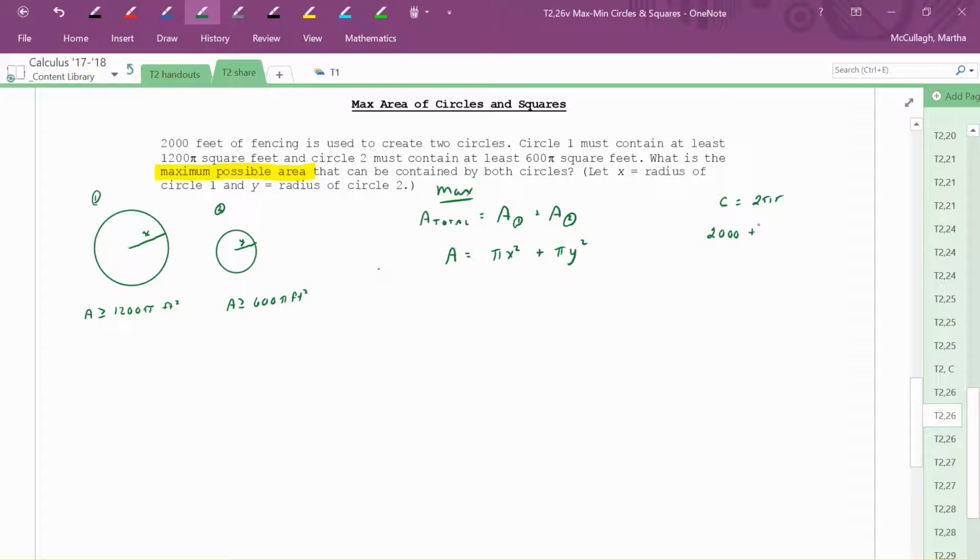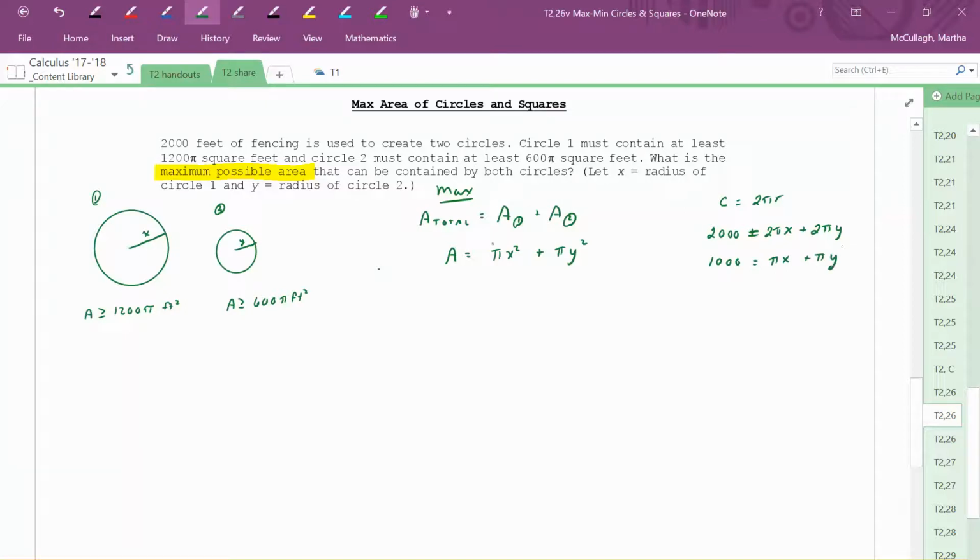That's going to be the circumference of the first circle, 2 pi x, and the circumference of the second circle, 2 pi y. Divide each side by 2, and I have 1,000 equals pi x plus pi y.